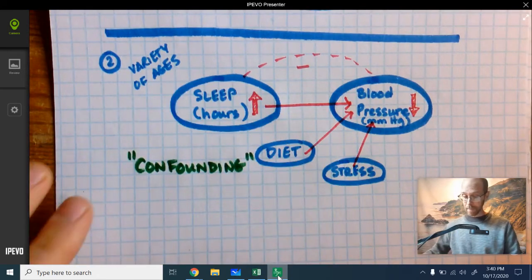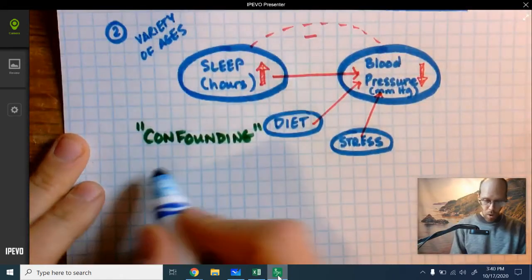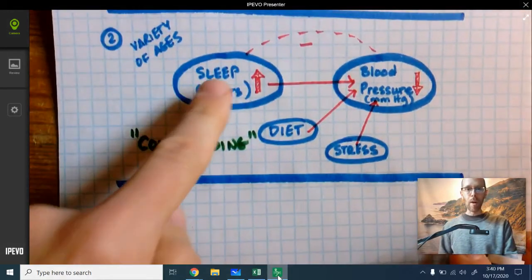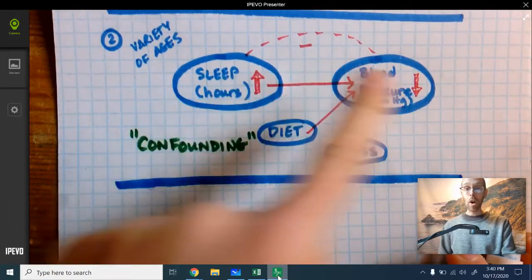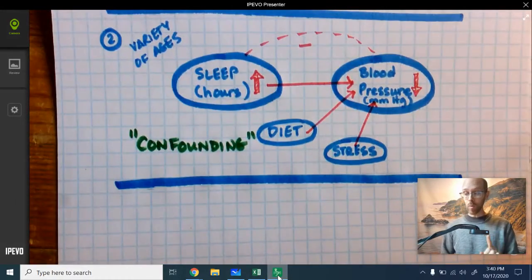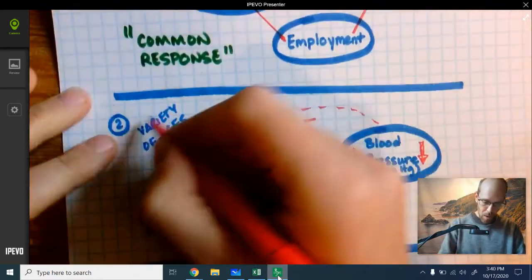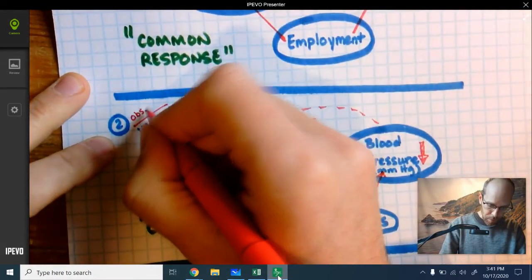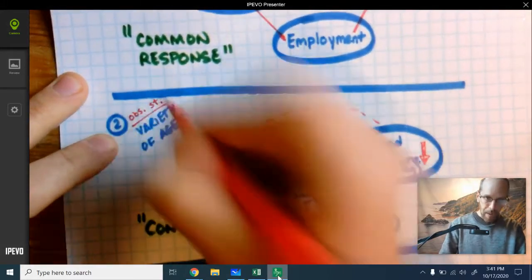Are you with me? Now, the question is, what if we actually wanted to be able to show that this causes this? What would we have to do? Well, here's my hint. This study that we just looked at, it was an observational study.